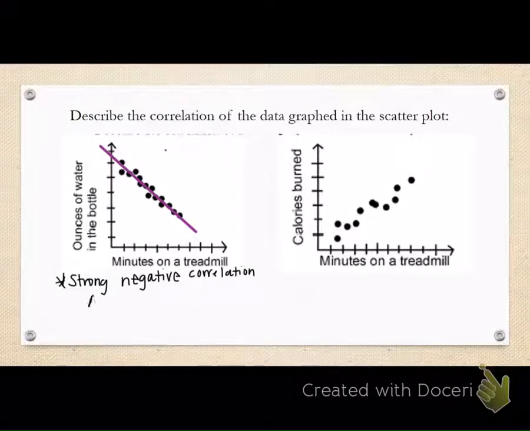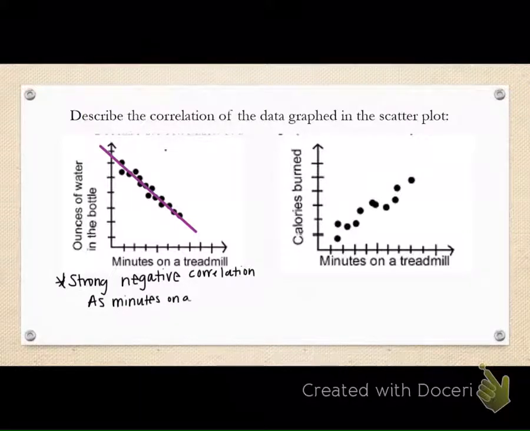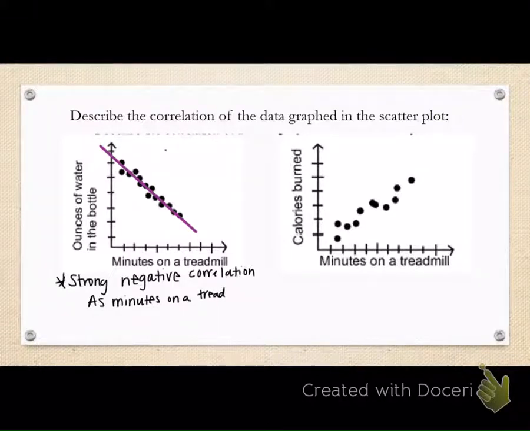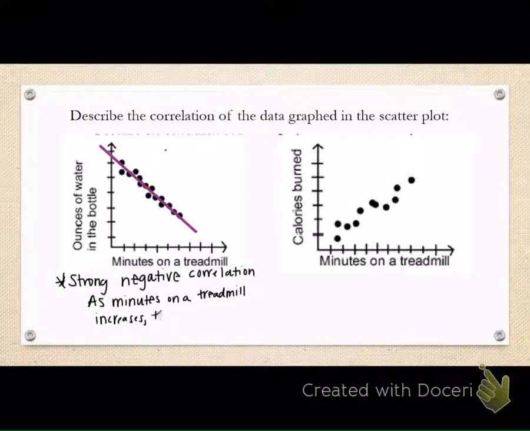So as the minutes on the treadmill increase, because remember x will always be increasing, what happens? Can somebody tell me what the outcome is? Connor? The ounces of water in the bottle decreases. Perfect. The ounces of water in the bottle.